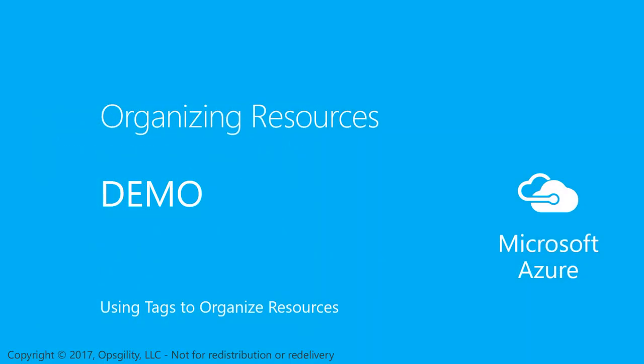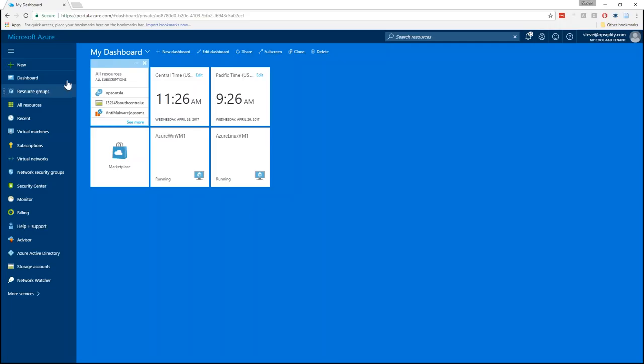So I wanted to quickly demo for you the concept of managing my resources using tags. So you're looking at my subscription here. I've logged on and I'm just sitting at the dashboard. I have created a few tags in my subscription, and I want to show you those first.